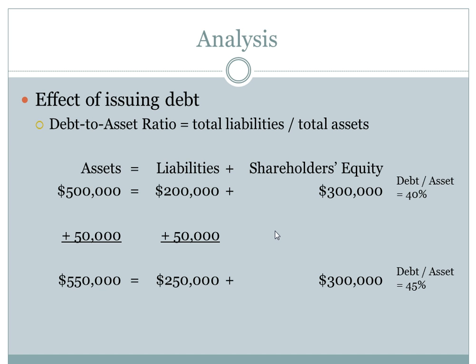As the debt to asset ratio increases, generally firms will find that the cost of additional borrowing is going to go up. A higher debt to asset ratio is perceived to be associated with higher risk, particularly for the creditors of the firm. And so as the debt to asset ratio goes up, we'll typically see that the interest rates associated with any future liabilities will be higher than what they were previously.